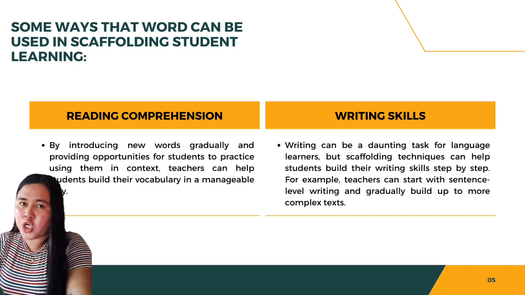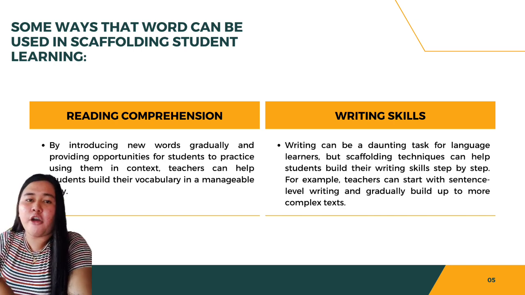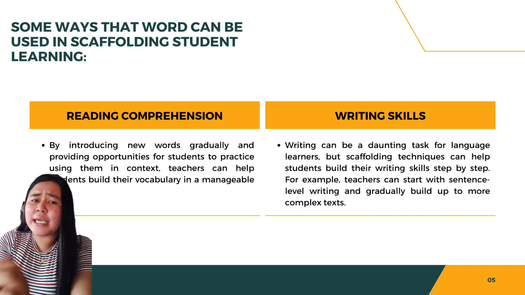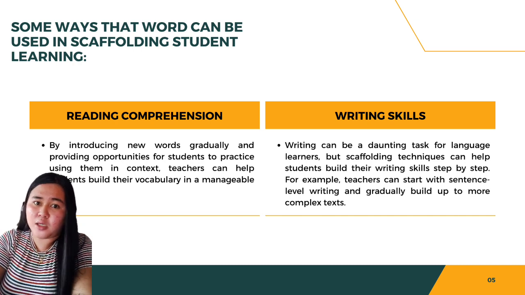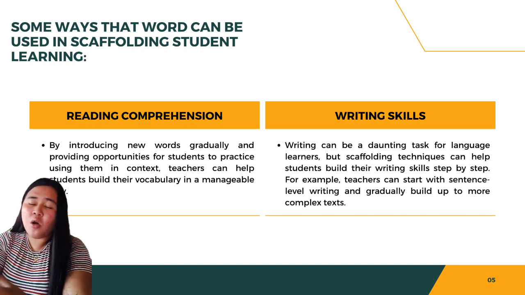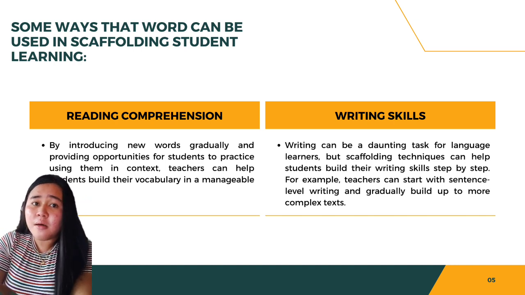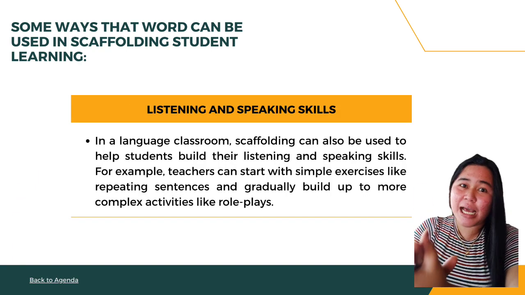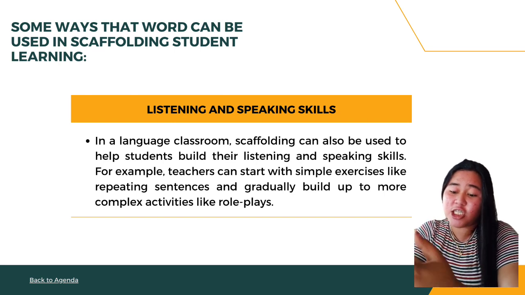The teacher may then gradually increase the complexity of the task by introducing paragraph level writing, and finally a multi-paragraph essay. By that, our students can develop their writing skills with the help of scaffolding. Lastly, number five is listening and speaking skills.